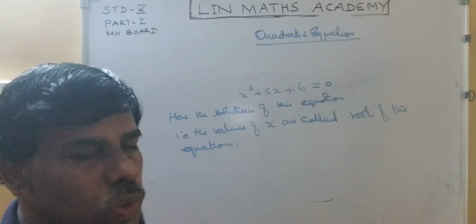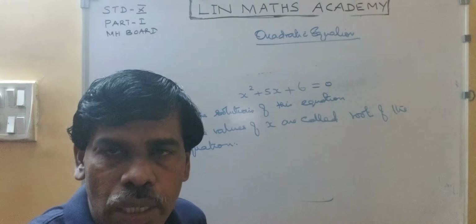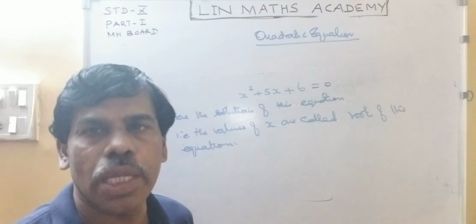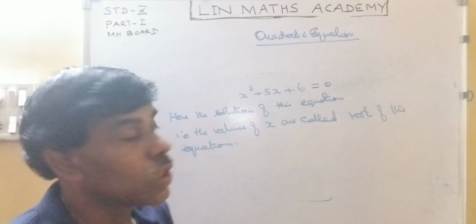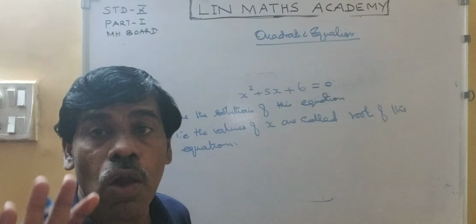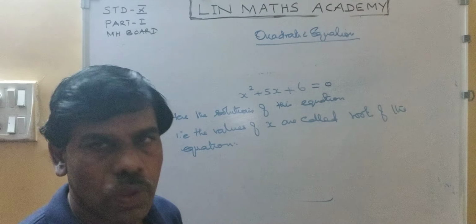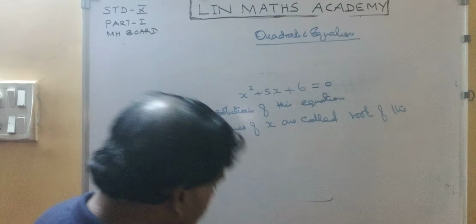Okay. So suppose you have maximum power 3, how many values of x will there be? 3. Suppose we have maximum power 4 in this equation, so we will have 4 roots or 4 values of x. Okay. Now we will start the lesson.